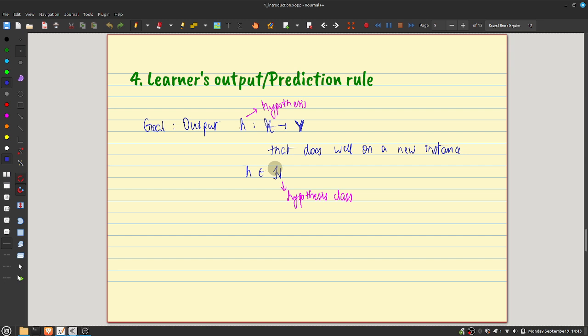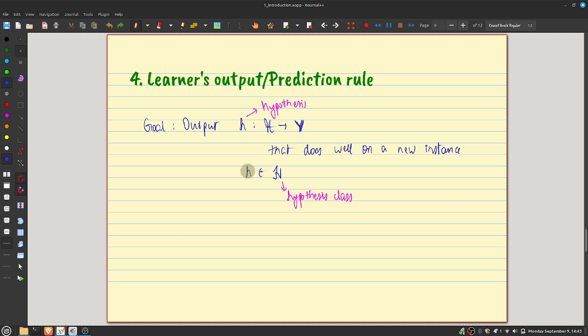Okay. So now suppose that I give you a training set, and the learner outputs a particular function H. How do you decide whether this particular H is good or bad? Of course, we say that it should do well on a new instance.